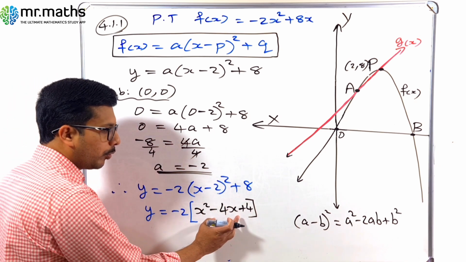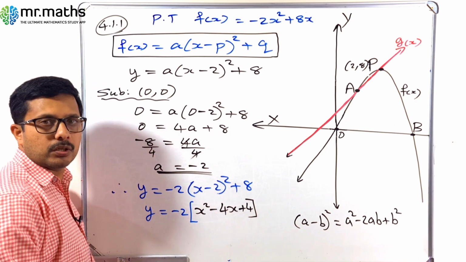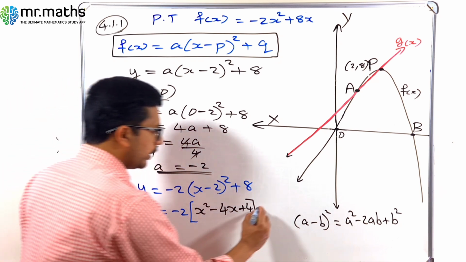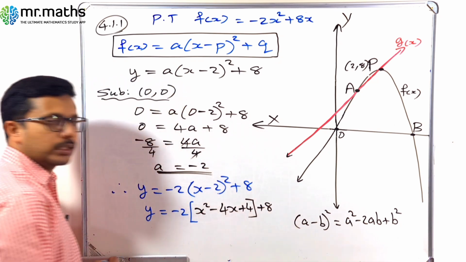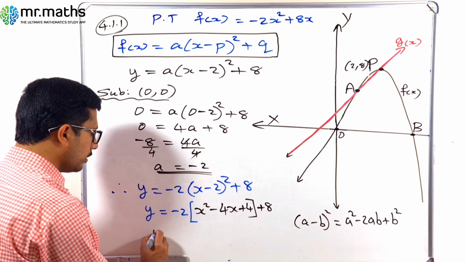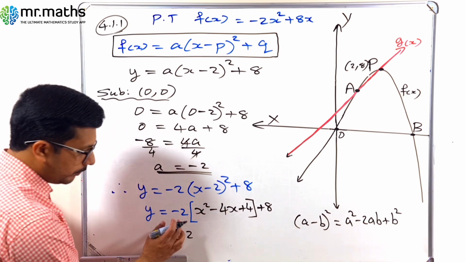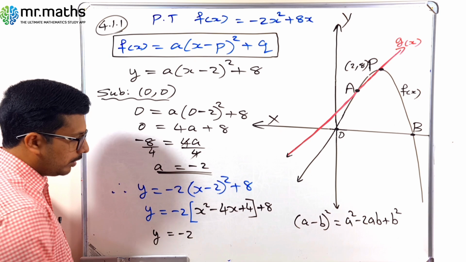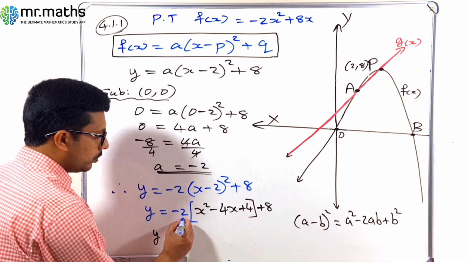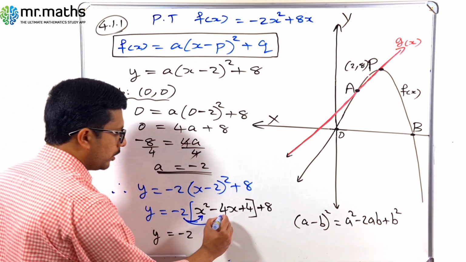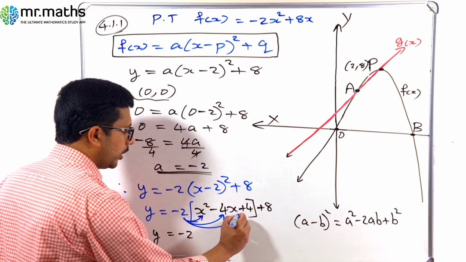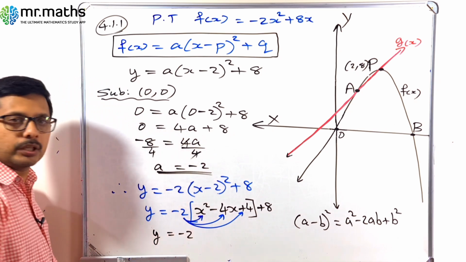Those who want to know more about this one, you have to watch the algebra section. Okay, then plus 8. So here this is y is equal to minus 2 into, we can expand the bracket like this, minus 2 times x square minus 2 times minus 4x minus 2 times that, FOIL method.